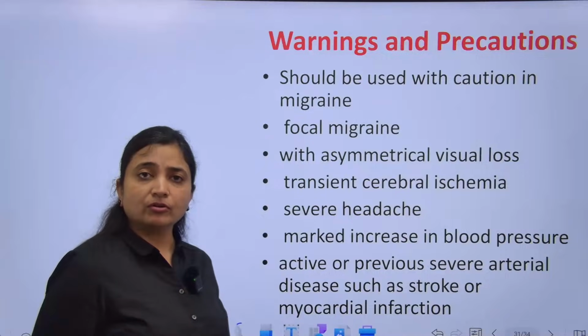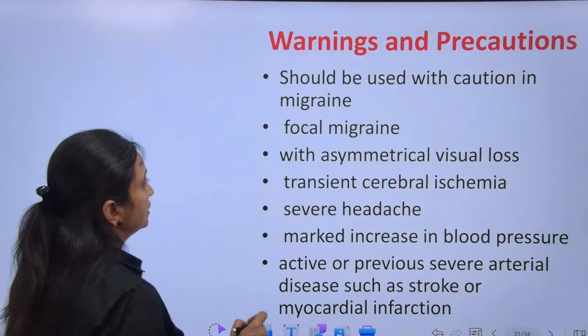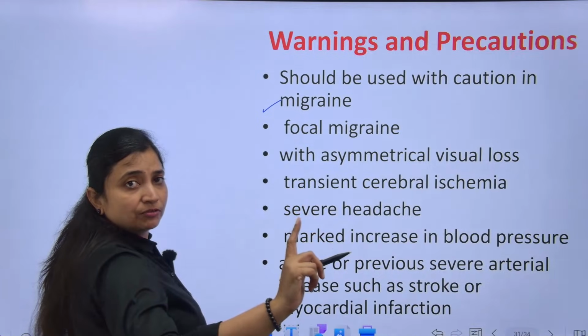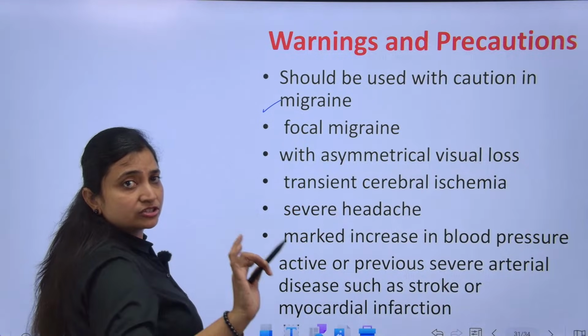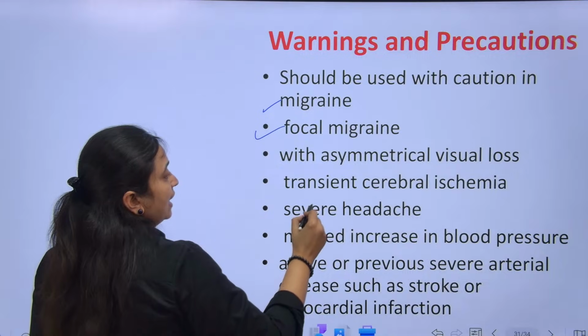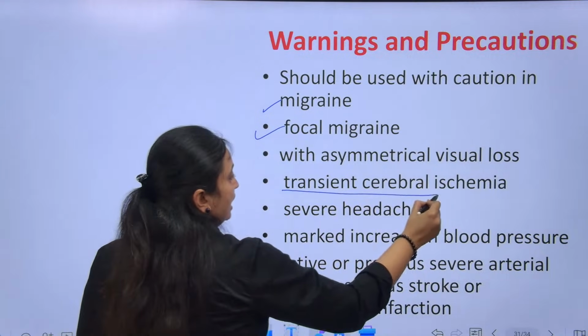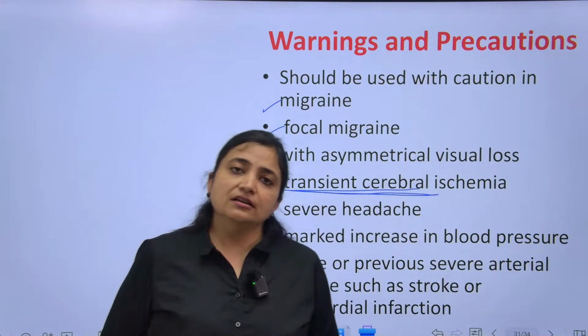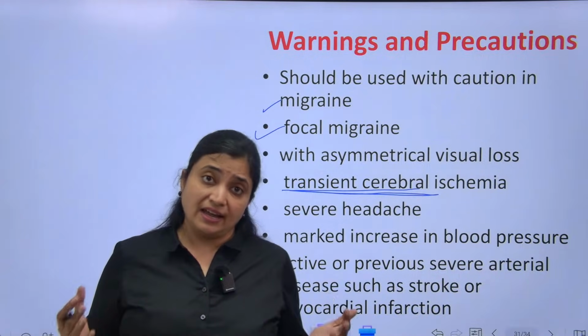What warning and precautions should you tell to the patient? That in cases of migraine, you have to be very, very careful before inserting. Either don't do the insertion, otherwise be very, very careful. Focal migraine, any signs of transient cerebral ischemia. See, there are very few systemic side effects, but they are there.